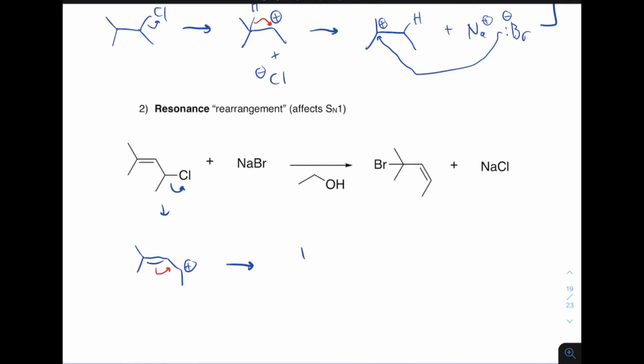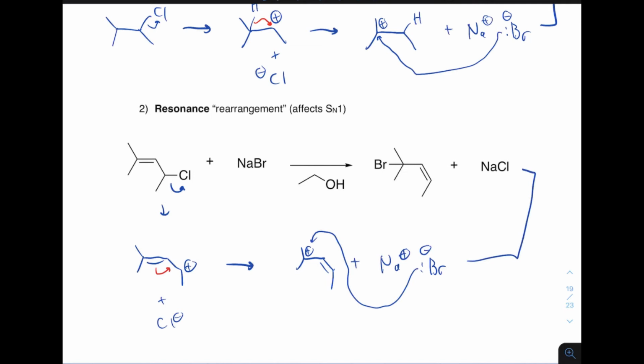And now we're left with, again, a tertiary carbocation, which this reaction much prefers than having a secondary carbocation. So again, same process, where we have bromine come in and attack the tertiary carbocation to get our products.